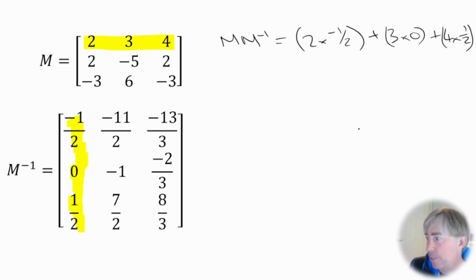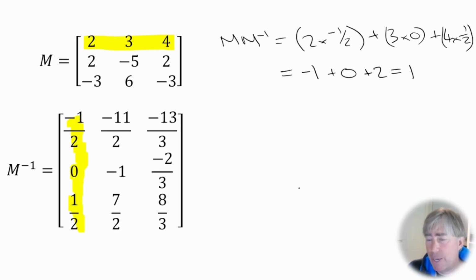And that would give me my first element of my product of M and M negative 1. So 2 times negative a half is negative 1, plus 3 times 0 is 0, and then finally 4 times a half is plus 2, so that gives me 1, which is hopefully what I was expecting to get for my top left element of my product of the two matrices.